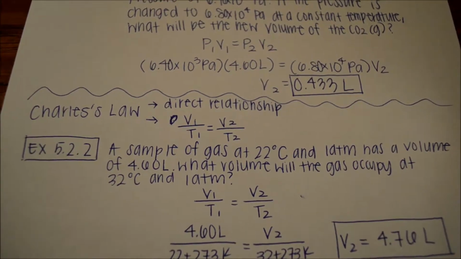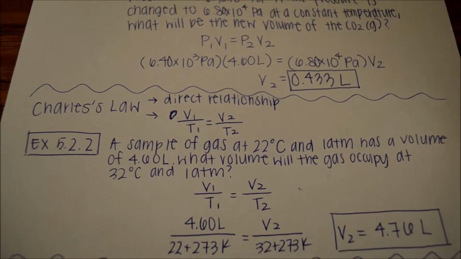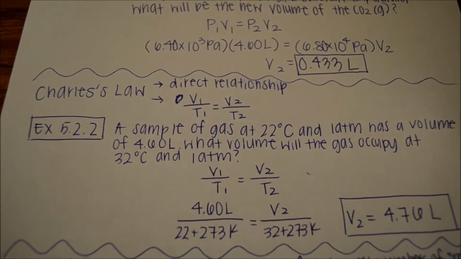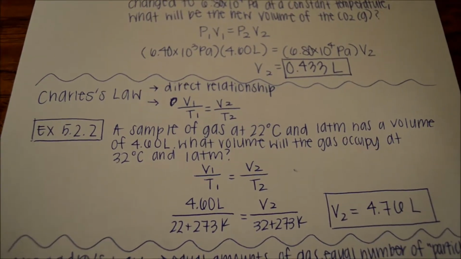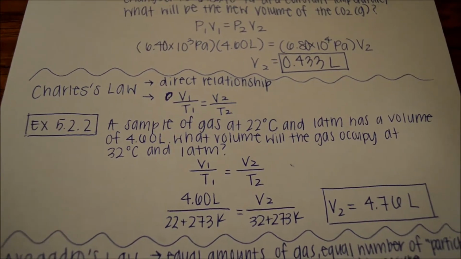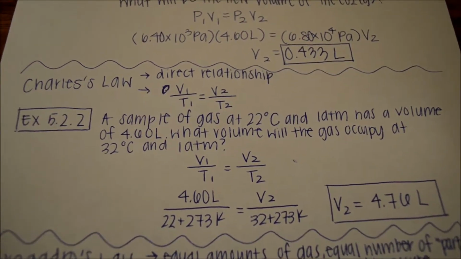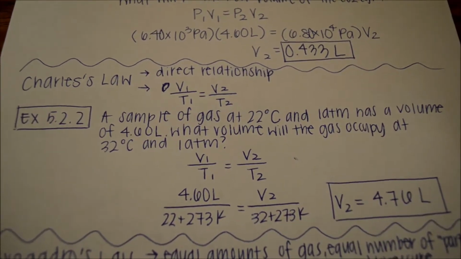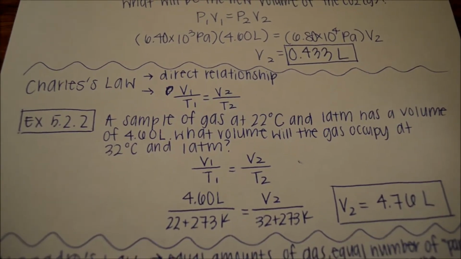Here's a sample problem using Charles's law. A sample of gas at 22 degrees Celsius and 1 atm has a volume of 4.60 liters. What volume will the gas occupy at 32 degrees Celsius and 1 atm? So you write down the formula V1 over T1 equals V2 over T2, and then you just plug in the numbers.